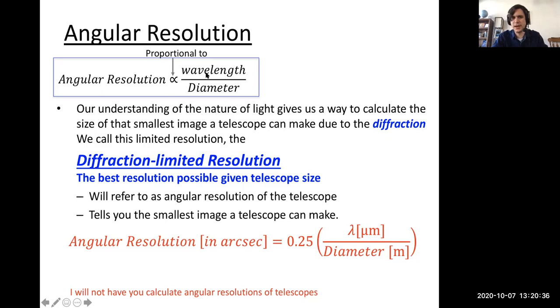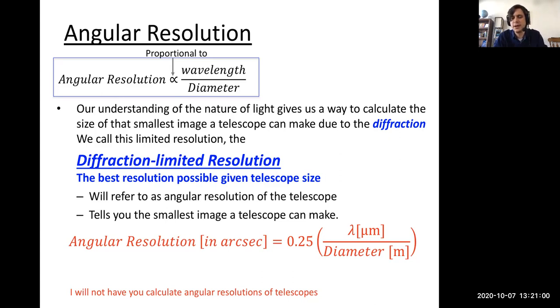And it depends on the wavelength of light you're observing at and the size of the telescope. Make the size of the telescope larger, and the diffraction limited angular resolution, measured in arc seconds or arc minutes, gets smaller and smaller. You can form smaller and smaller images.